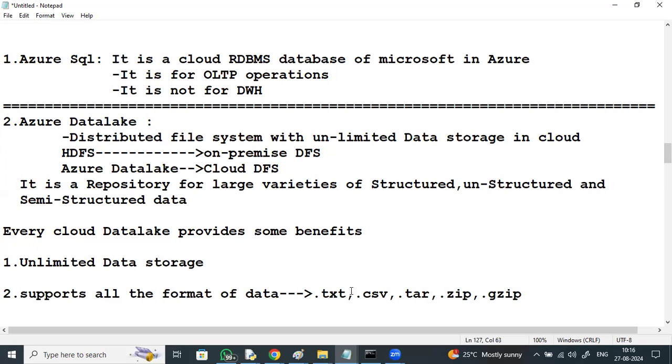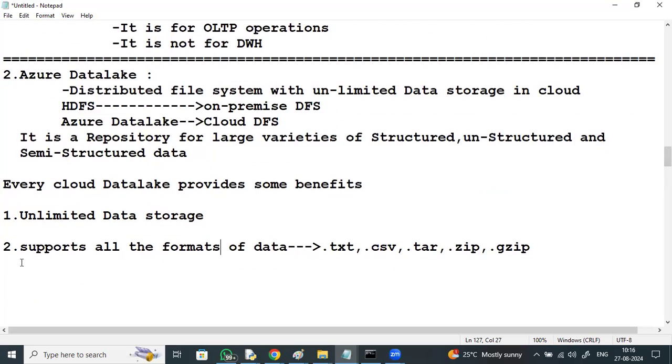It supports all formats, and not only all formats, but all varieties of data.